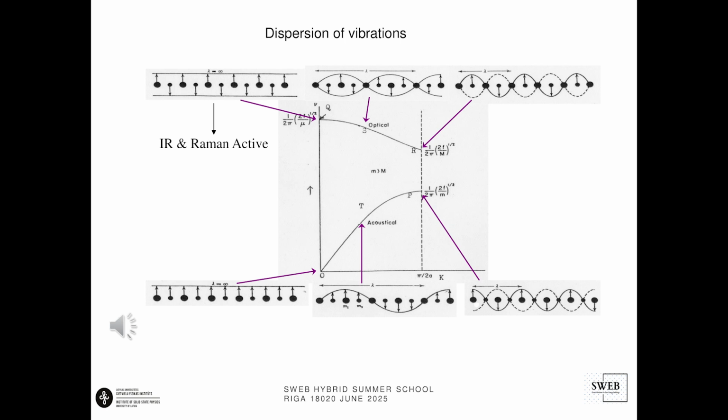Vibration frequencies are usually graphically represented as a function of the wave vector. The vibrations of our linear chain are characterized by a graph consisting of 2 curves. The vibrations of a one-dimensional crystal with n atoms in its crystal cell are characterized by n curves.